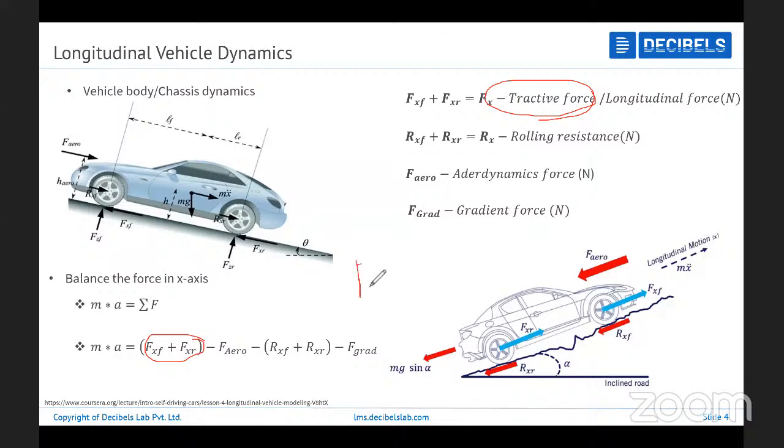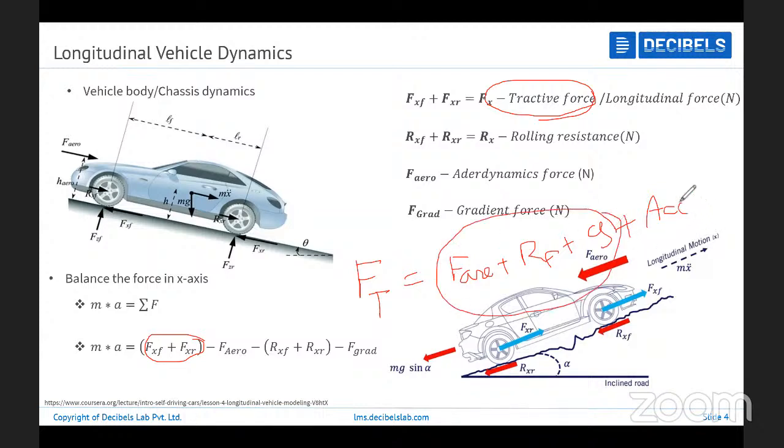If you consider Ft, that is total tractive force, it equals F aero plus rolling force plus grade plus your acceleration force. These are resistive forces, and this is used for traction. I will explain it later.